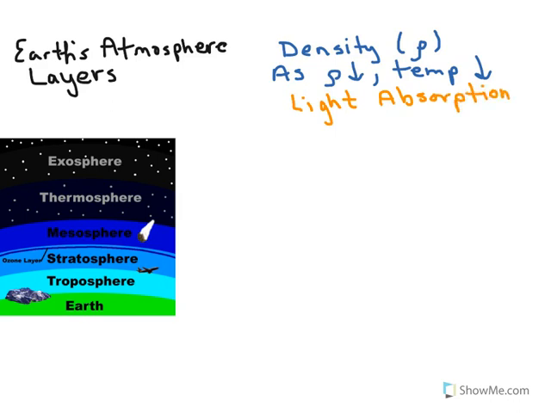In certain layers of our atmosphere, different wavelengths of light get absorbed. And when light is absorbed, temperature increases.